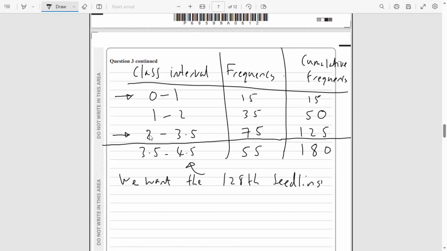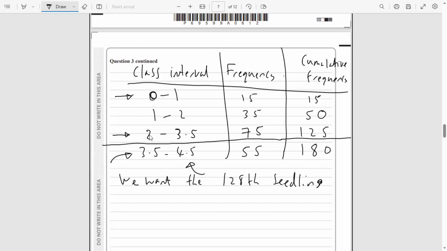We know that the 128th seedling is the third biggest seedling in the class interval 3.5 to 4.5. Why do we know that? Because the first 125 seedlings go from 0 centimeters up to 3.5 centimeters. So 125, 126, 127, 128, that's 3 bigger than the 125 up to 3.5 centimeters. So we know that it's going to be in this class here, right?